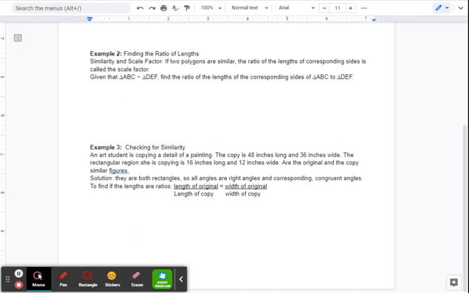What can I divide out of 48 that I can divide out of 16? 48 divided by 16 is 3, 16 divided by 16 is 1.